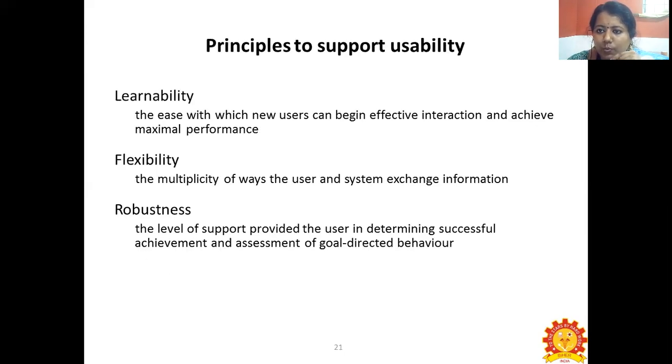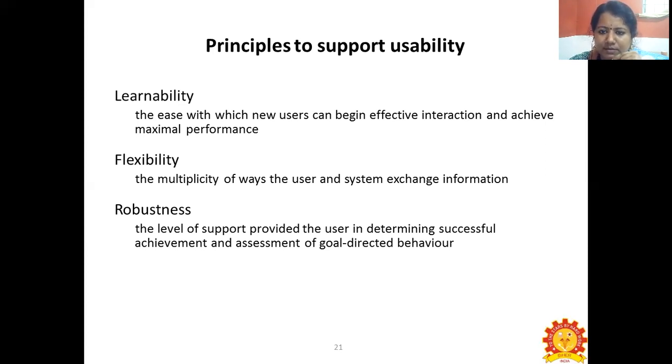Next, principles to support usability. The principles to support usability are learnability, flexibility, and robustness. Learnability is the ease with which new users can begin effective interaction and achieve maximal performance.